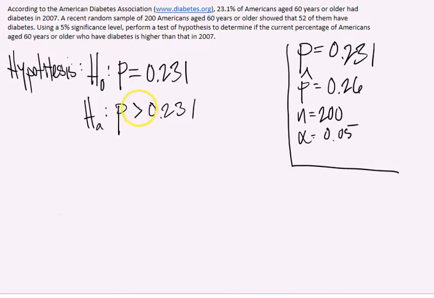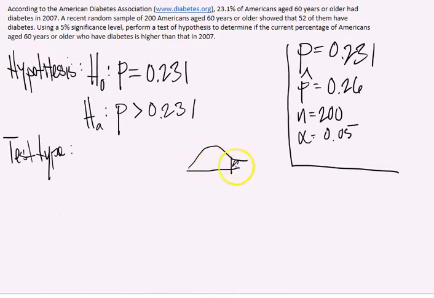Now, the next thing that we're going to talk about is the test type. What kind of test is this? Well, I'm doing a test about proportions, and this larger than in my alternative is telling me that I will be doing a test for things that are larger than this value, or on the right hand side, if I were to look at a graph.